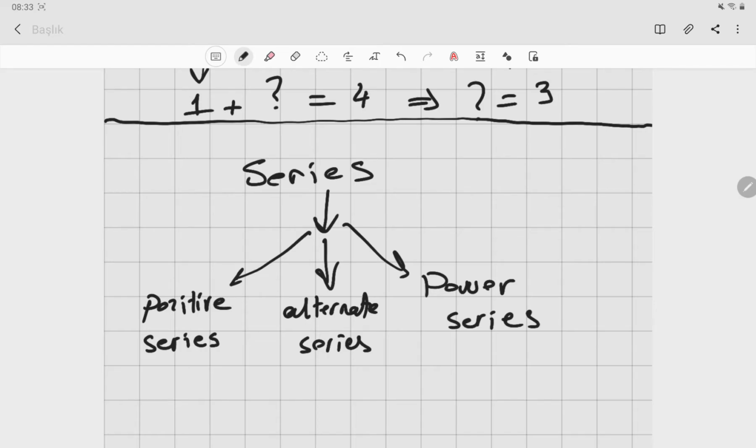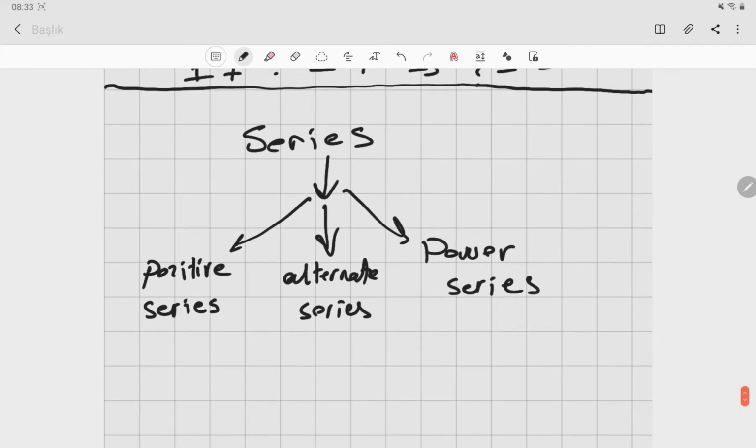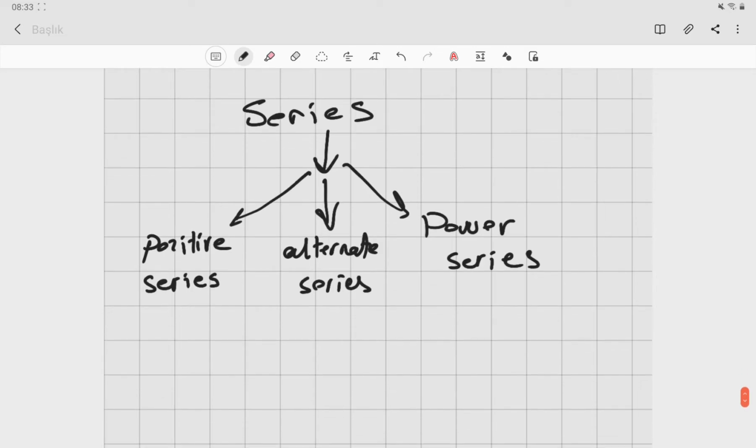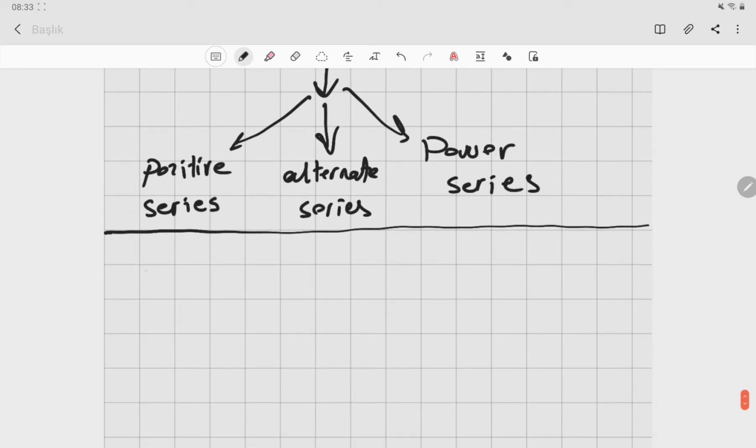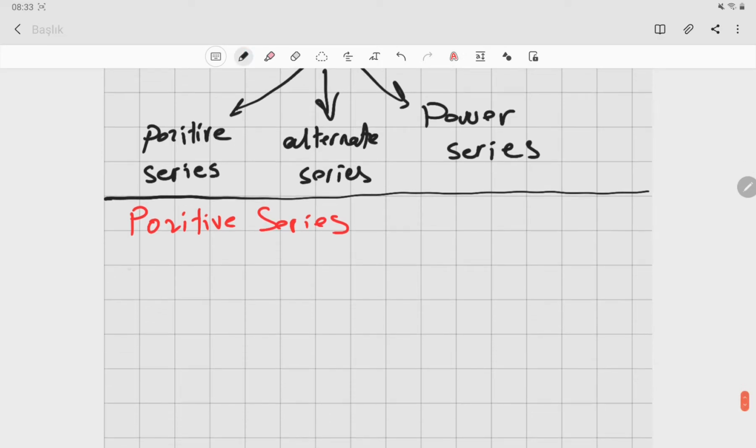Okay, we are going to learn this kind of series separately, and our first subsection is the positive series. Okay, let's define it. Indeed, it's clear, but still we can make it clear.